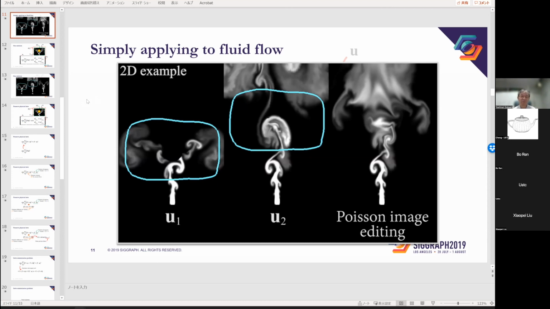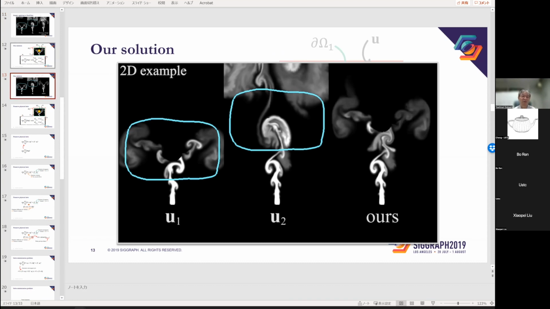Okay, but there should be some thickness of the boundary to be determined for solving the Poisson equation, right? So how can the thickness be determined? Is this an empirical value or some kind of guidance on the determination of the thickness?